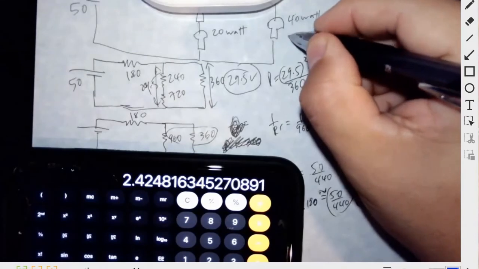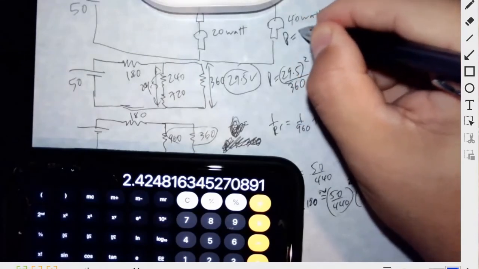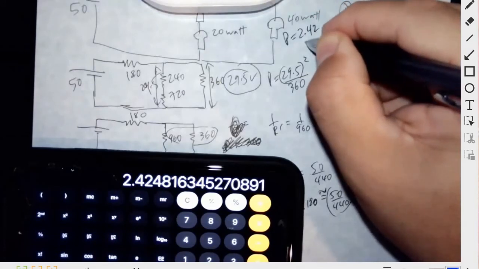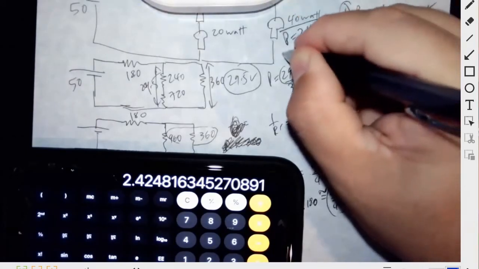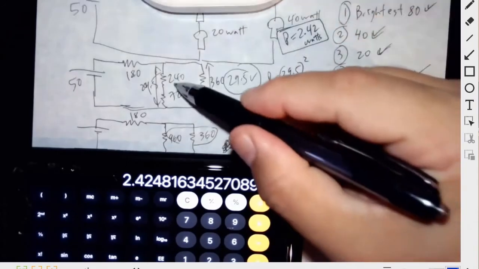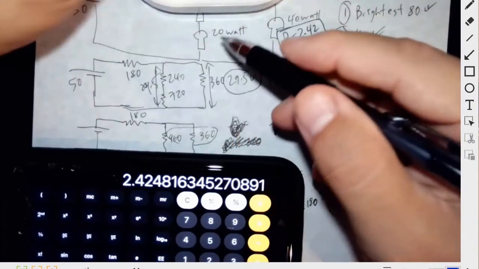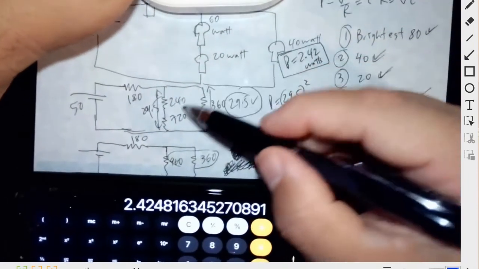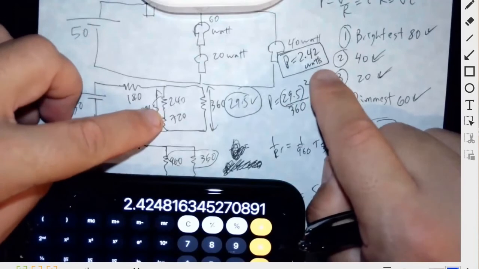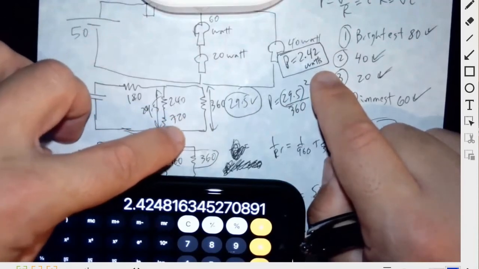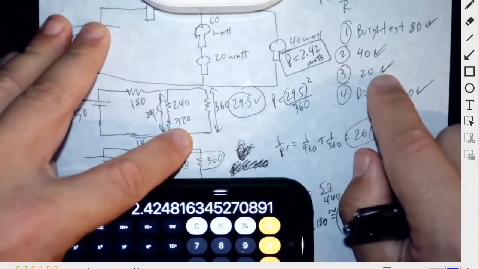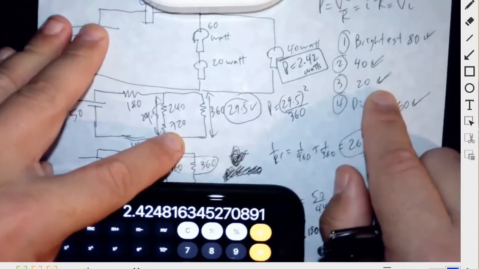That one was a tough one to guess. 2.42 watts. Okay. Now, between these two, we could kind of guess, right? Together, this is going to be that many watts, but then this is going to take the majority of it. Okay, so the order looks like 20 is the third one.